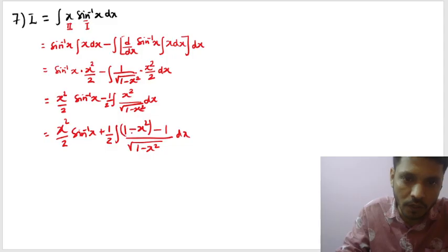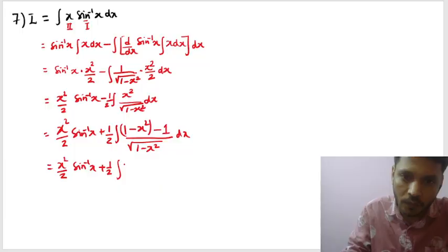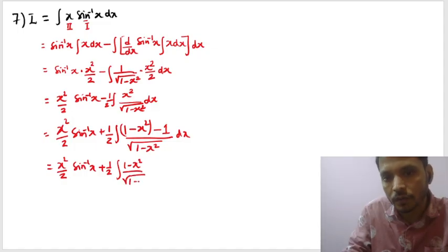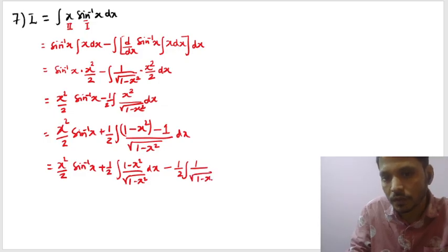So this is one term and here this will give another term. So from here what we are getting finally is x square by 2 and this is sine inverse x plus 1 by 2, and here we have 1 minus x square and this is divided by under root of the same thing, under root of this into dx, right? And again we are taking separately 1 by 2 for 1 by under root of 1 minus x square into dx, right?